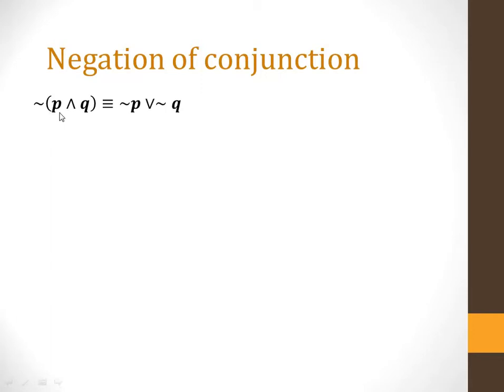So negation of P and Q is logically equivalent with negation P or negation Q. We have already seen this logical equivalence. You can check this by using a truth table also, and it is called De Morgan's law. Remember this is called De Morgan's law. This is the logical equivalence.